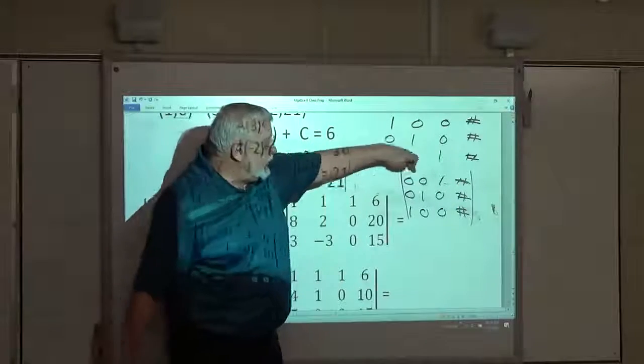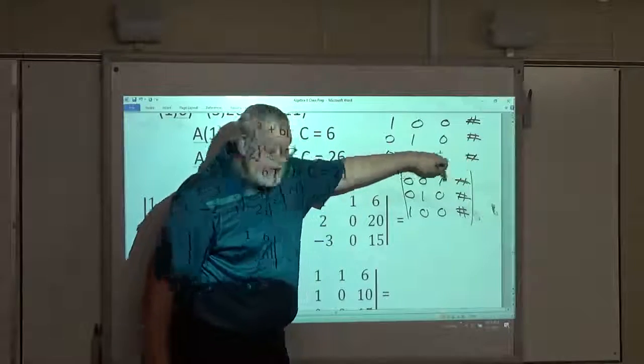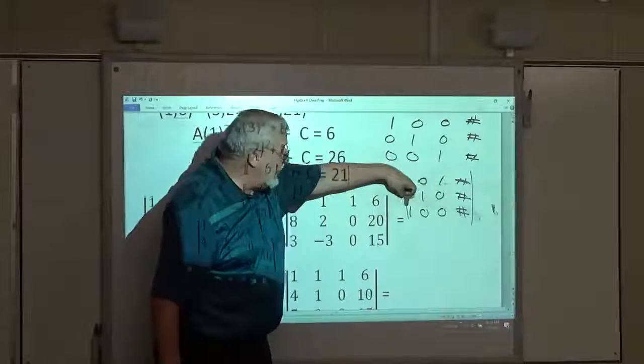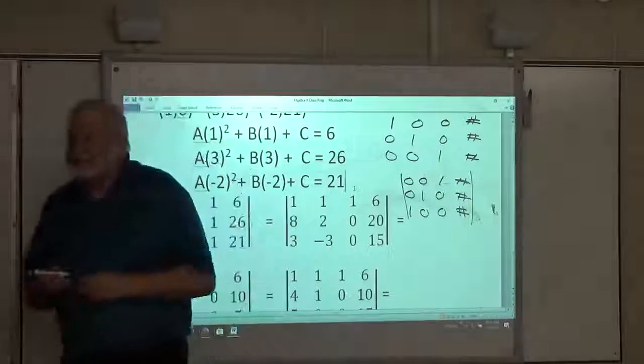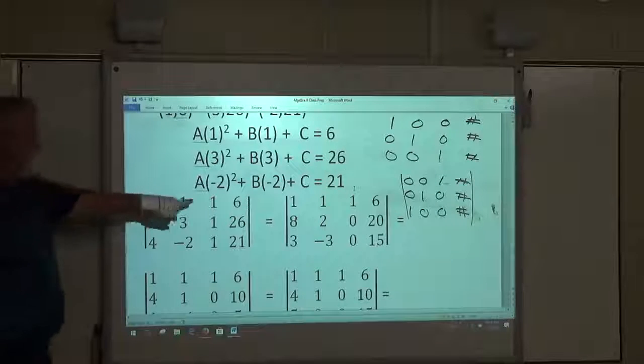And now, the first line, when I'm finished, the C will equal that number, the B will equal that number, and the A will equal that number. Okay? So, with that in mind, I can do this real fast.